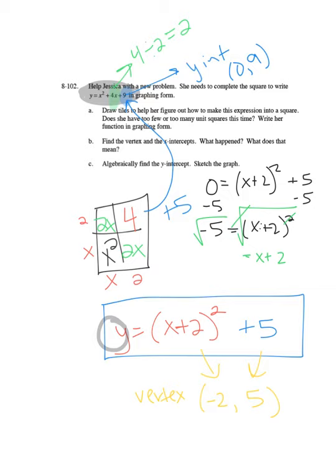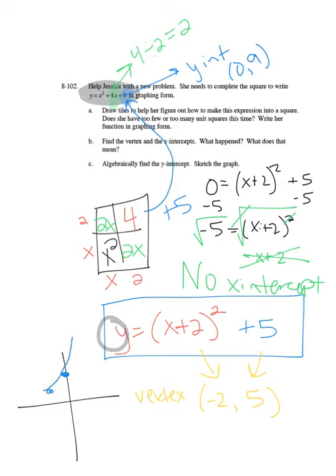That's not possible. Nothing squared is going to create -5. So what does that mean for us? It means that this has no x-intercepts. On a graph, this parabola would look something like this. It has a y-intercept up at 9, a vertex at -2, 5, and it goes like this. It never comes down to the x-axis.